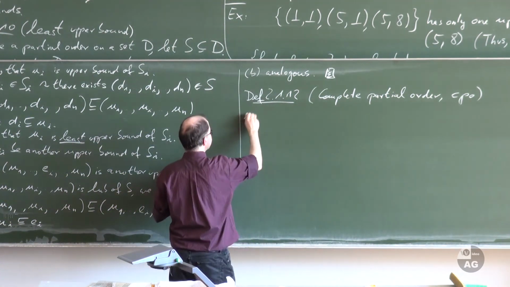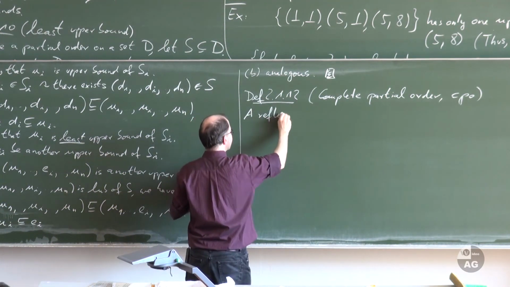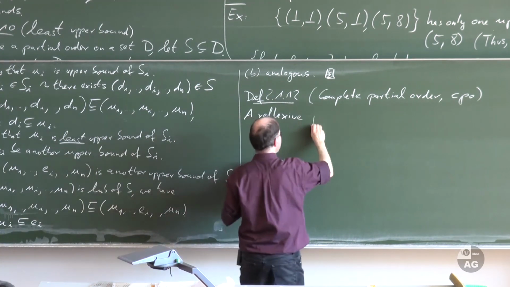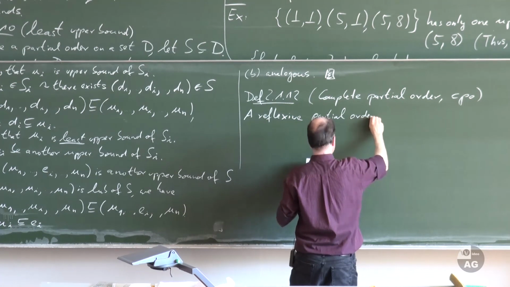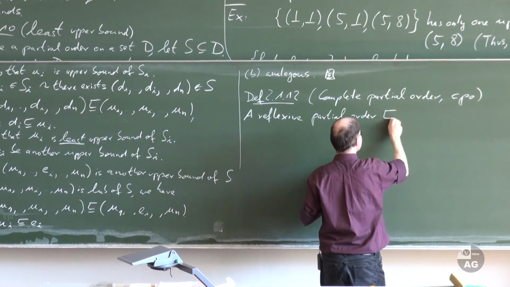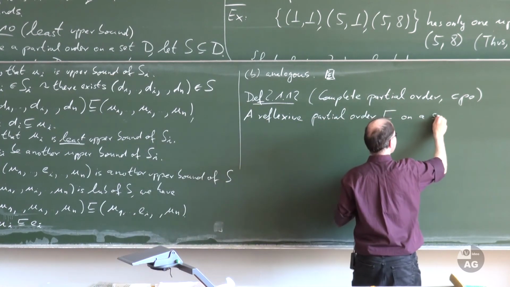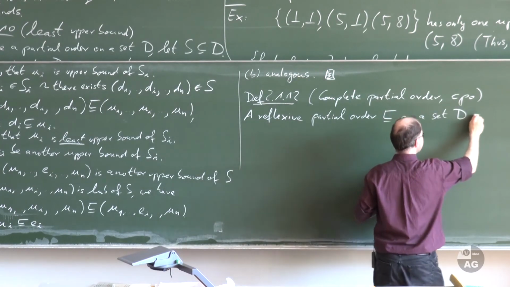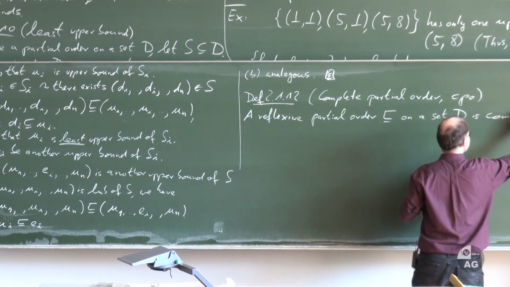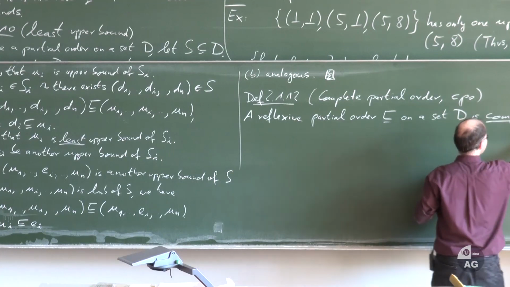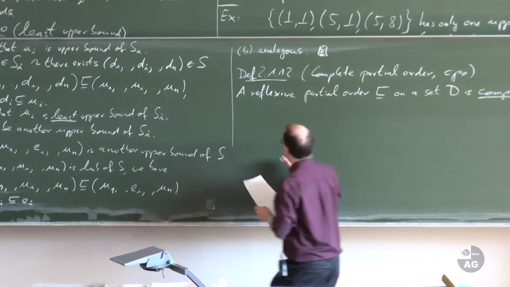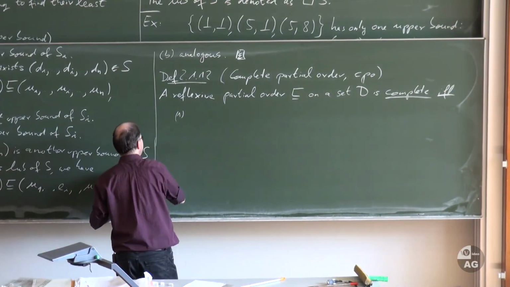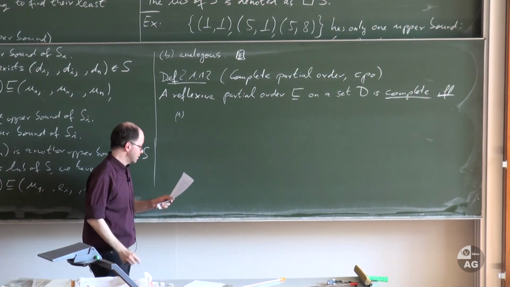And this says that a reflexive partial order on a set D is called complete if it has two properties. One property is harmless, namely that there must be a smallest element.